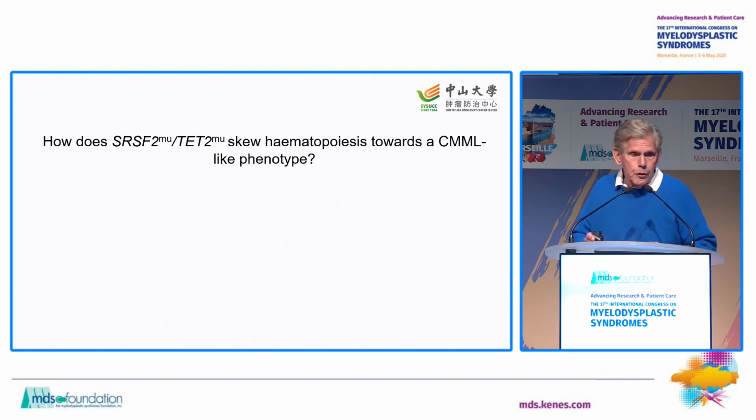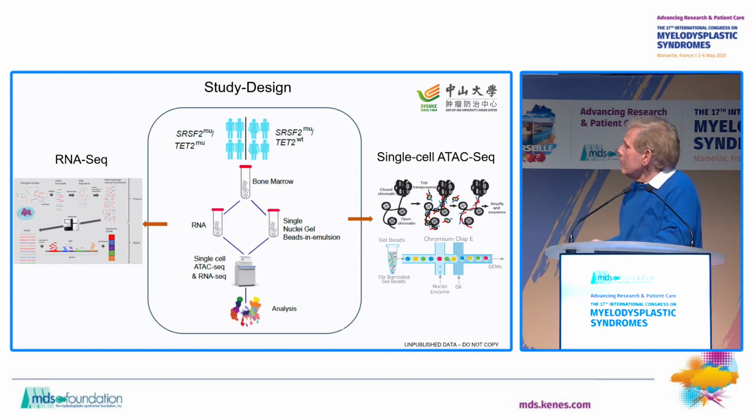Now, the focus of our study is to try to understand how this co-mutation in a single cell or a single clone drives towards a CMML-like phenotype. And very simply put, we started with a small number of subjects.